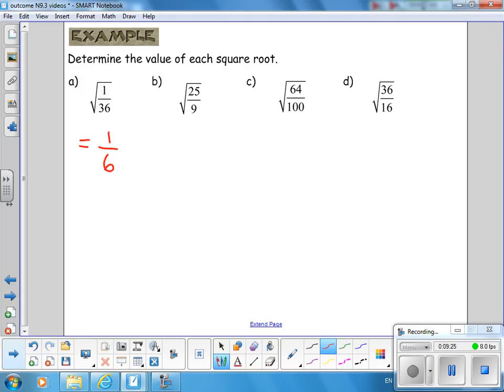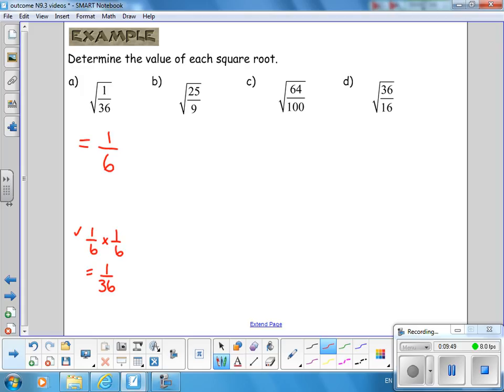If you need to use your calculator, use your calculator twice. Find the square root of 1, and then find the square root of 36, and write those answers in fraction form. And we could check this. 1 over 6 times 1 over 6 equals 1 over 36. So we get our original value back.